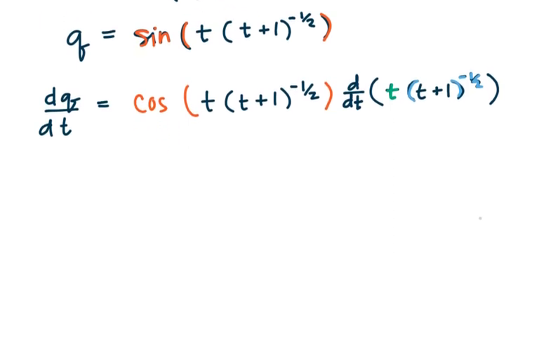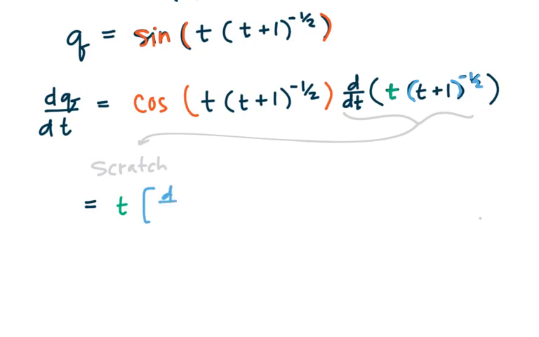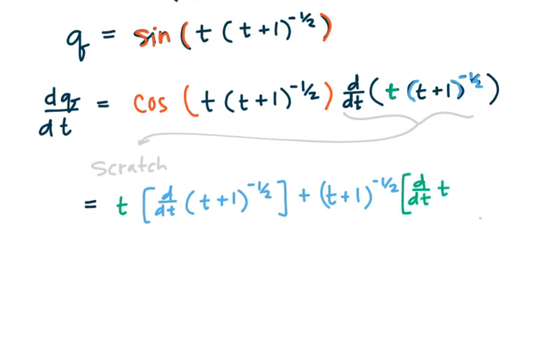So I'm going to do some scratch work for just that piece so I don't run out of space on my screen. So this derivative, that's going to equal t times the derivative with respect to t of t plus 1 to the negative 1/2, plus t plus 1 to the negative 1/2 times the derivative with respect to t of t.